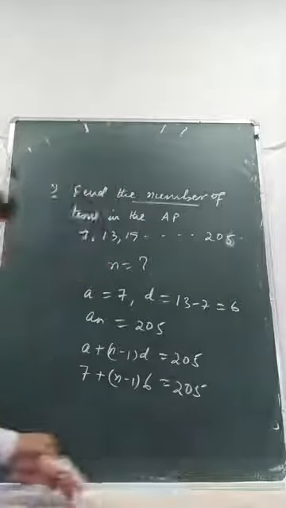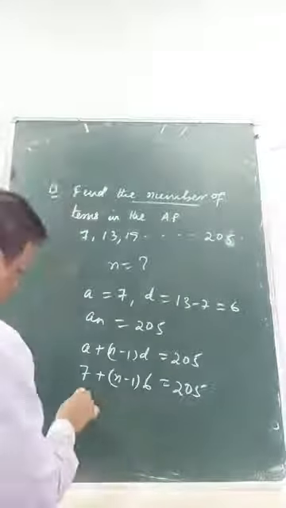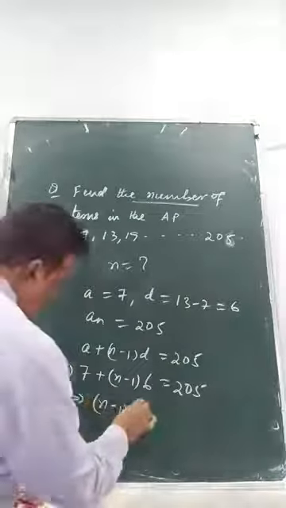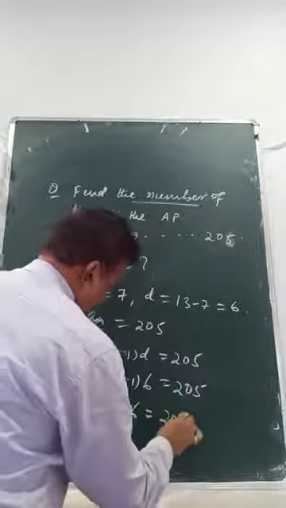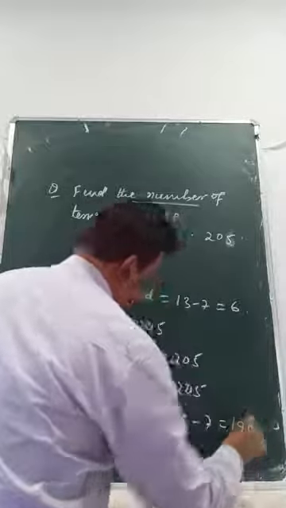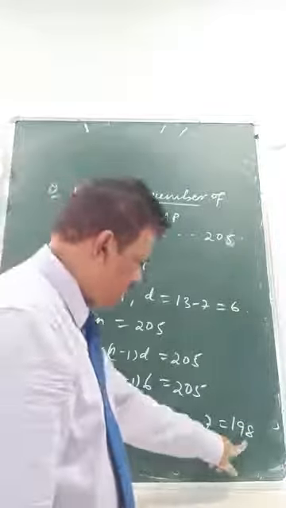Always follow the technique of how to solve. First take 7 to that side. So (n minus 1) into 6 equals 205 minus 7, it is 198. The 6 is multiplied here, so you have to divide.